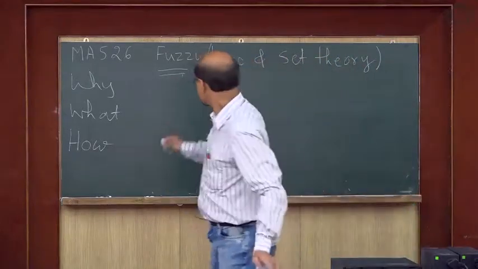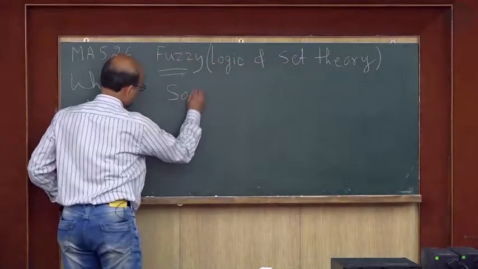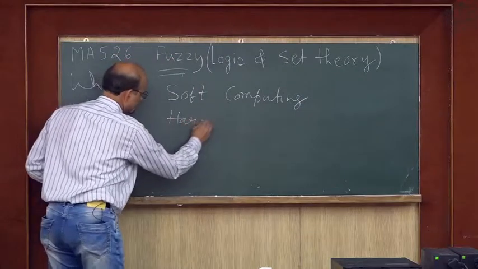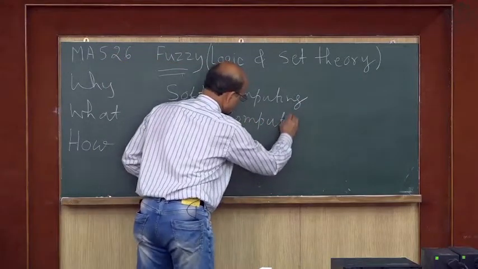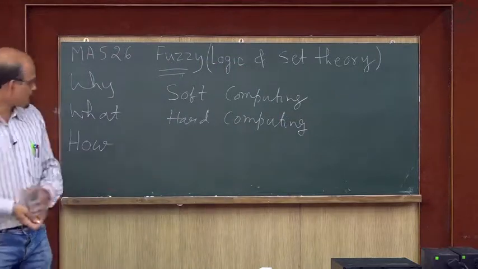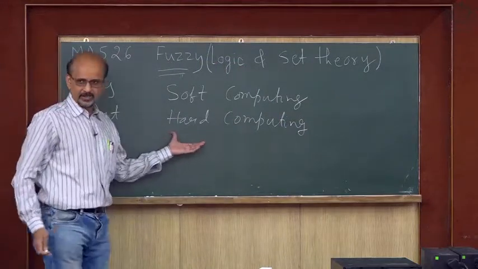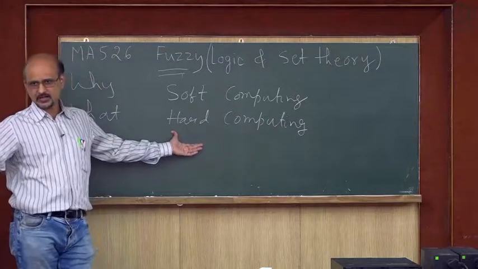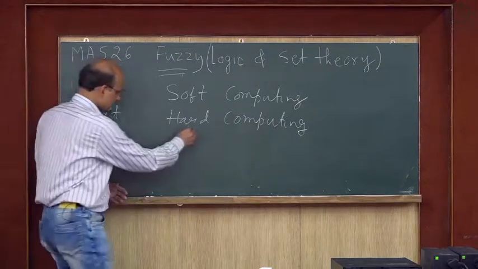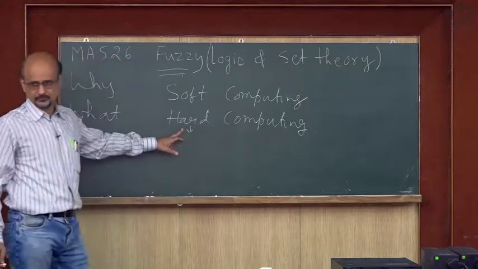So what is then soft computing? We have hard computing also, that you know. What is the difference between hard computing and soft computing? I hope that you have done labs using C, MATLAB, C++, BASIC, etc. Those are called hard computing.